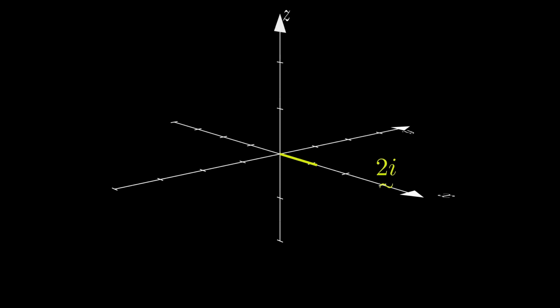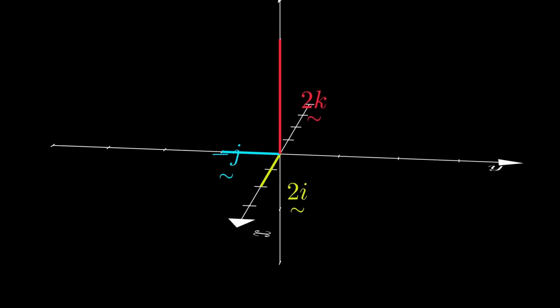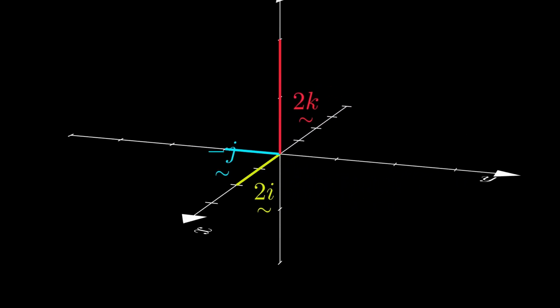Let's now look at an example where we have a vector described by 2i minus j plus 2k. You may have noticed that the numbers have replaced the letters x, y, and z. We see that 2i represents the i vector in 2 units in the x-axis, minus j, which is minus 1 unit in the y-axis, and 2k, which is 2 units in the z-axis.